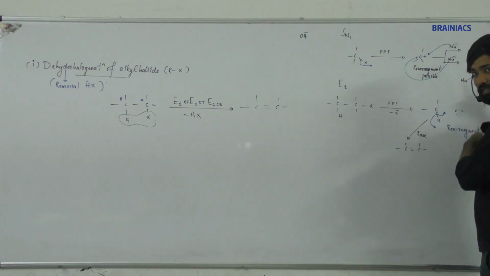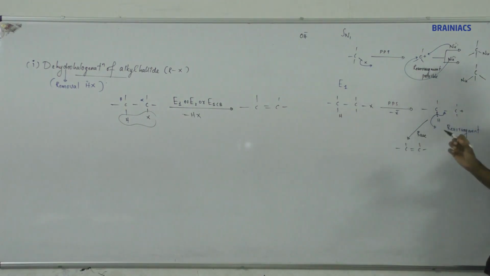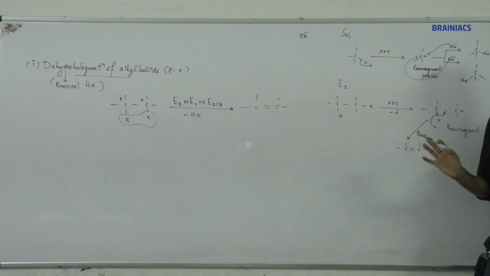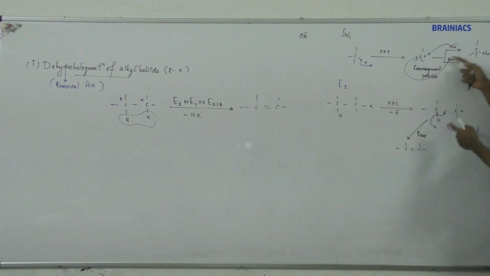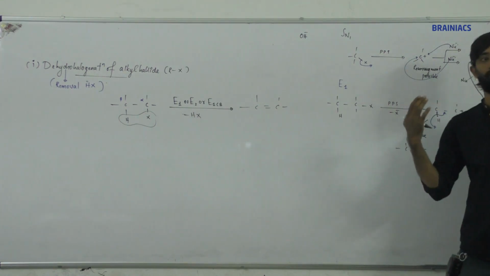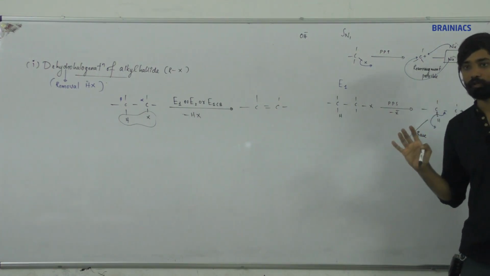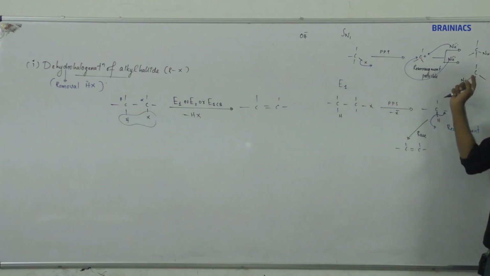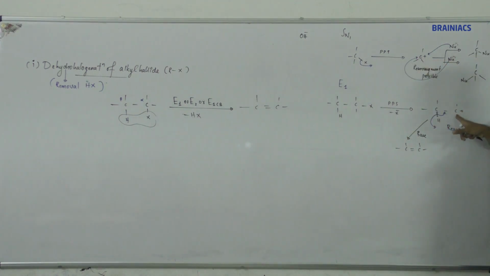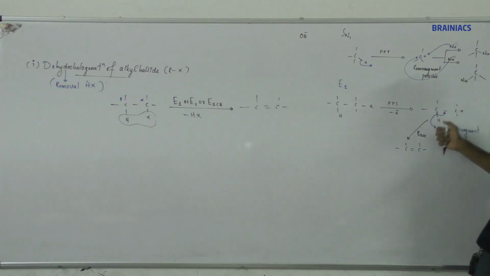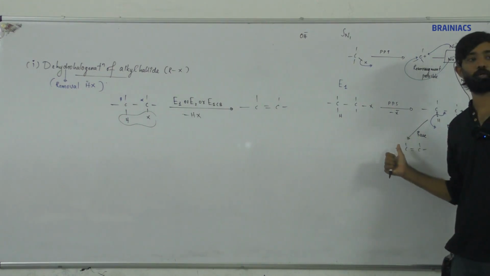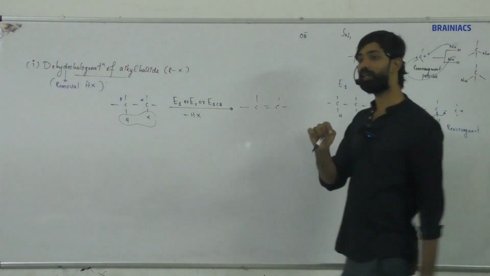In the second step, the base or nucleophile has both properties. If that species donates an electron pair to this electron deficient carbon, then substitution takes place. Where if it donates an electron pair to H plus, then elimination takes place.